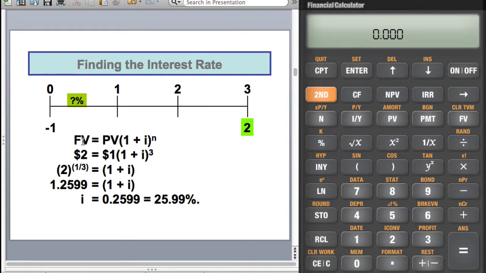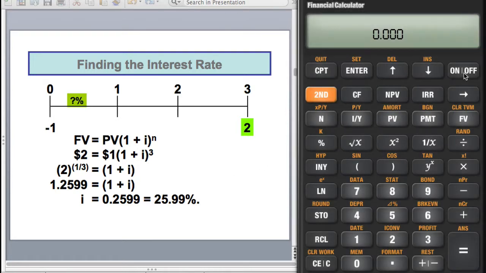So if we apply the basic formulation, FV equals PV times 1 plus I to the power n, 2 is your final amount, 1 is your initial investment, 1 plus I to the power 3, because you have 3 time periods, 1, 2, and 3. After solving this basic setup, you'll get I equals 0.2599, which is 25.99%. So that's the basic setup, but we can do this using the calculator.